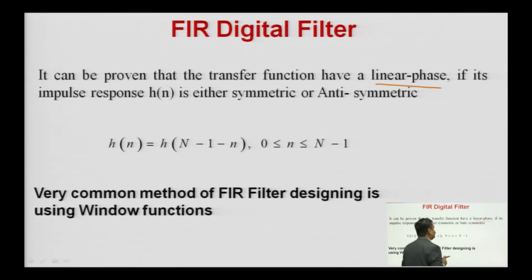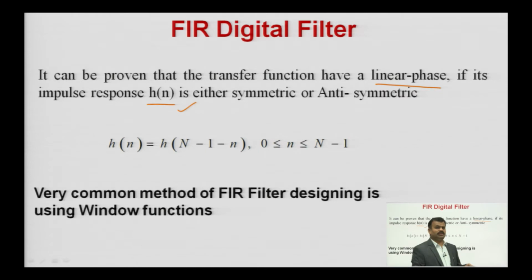It has linear phase if its impulse response h of n is either symmetric or antisymmetric. Actually, your digital filters are identified by their impulse response. If I am talking about the FIR digital filter, it means your impulse response is of finite duration, that is why it is an FIR digital filter.